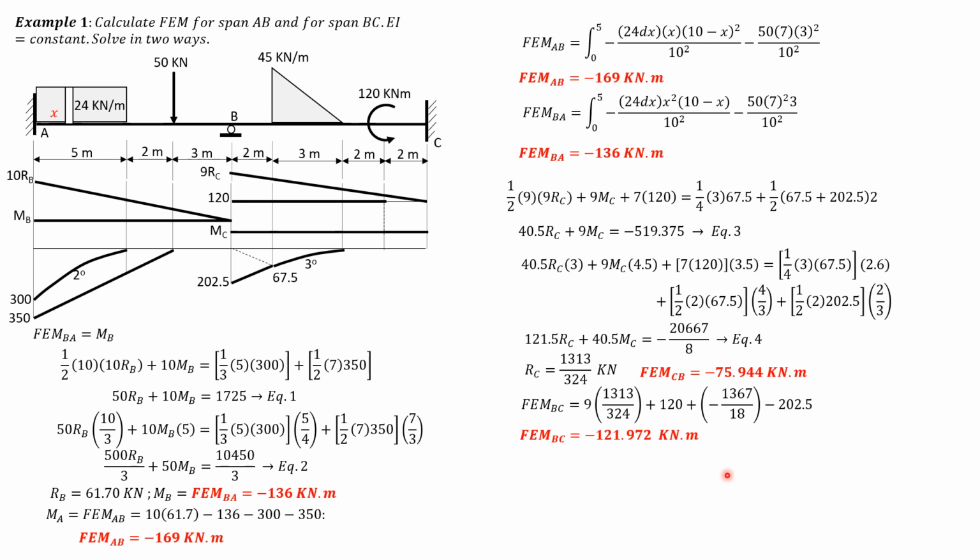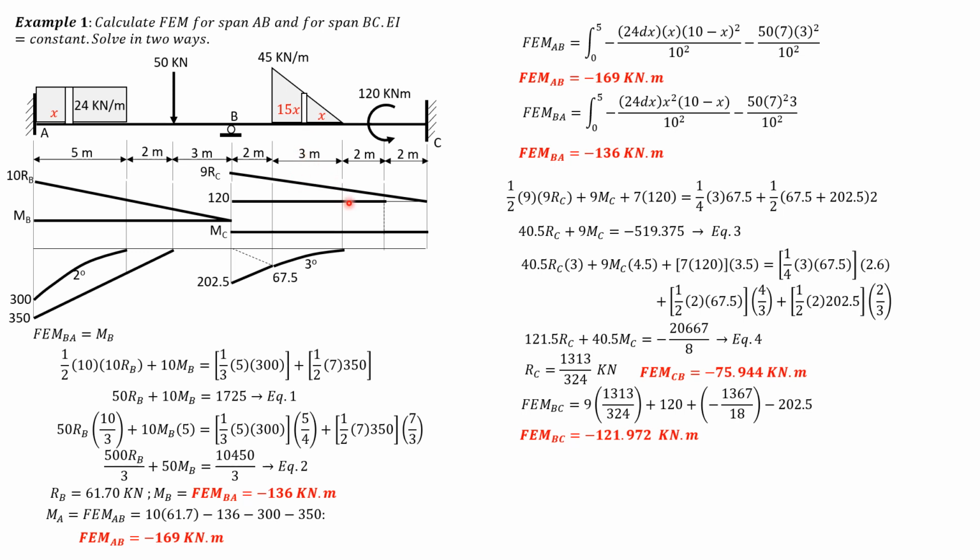Then minus 202.5. So fixed end moment BC is equal to negative 121.972 kilonewton meter. Then by integration, we consider a strip here. The height is 45. Let's call this x. Then the height of this strip is 45 divided by 3, so that's 15. So the height of the strip is 15x.